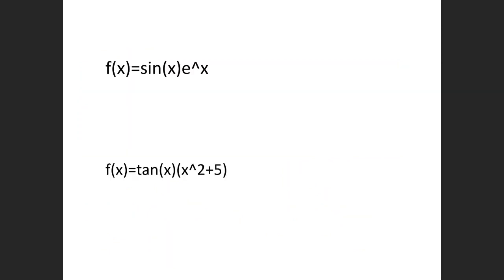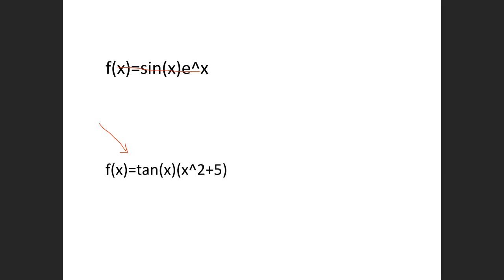Let's try some examples. Okay. Uh-oh. Sine of x, e to the x. Tangent of x. I think we did this one already, or one very close to that. So let's not deal with that one. Let's deal with this one. Okay. So work on that, see what you get.